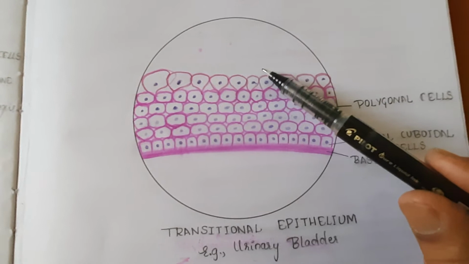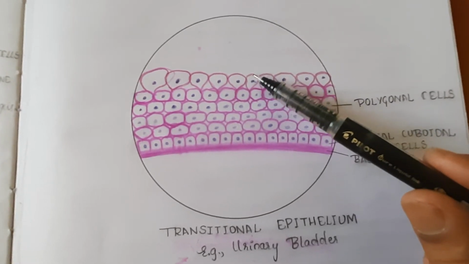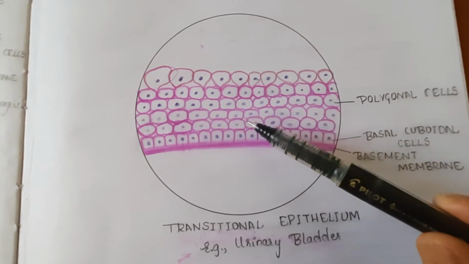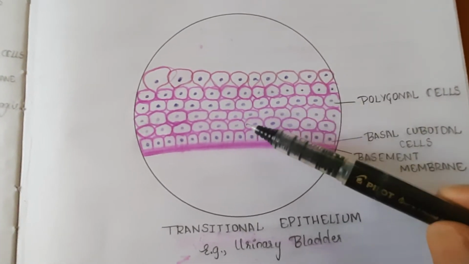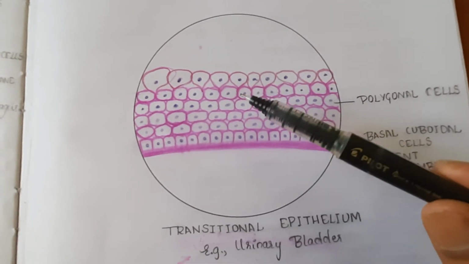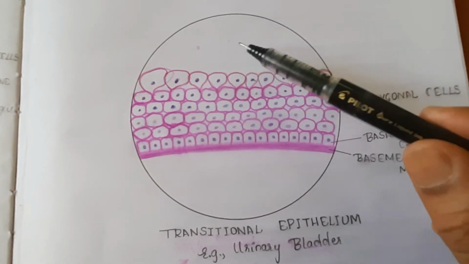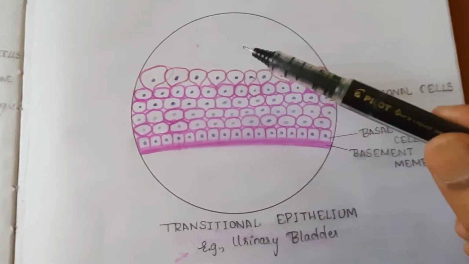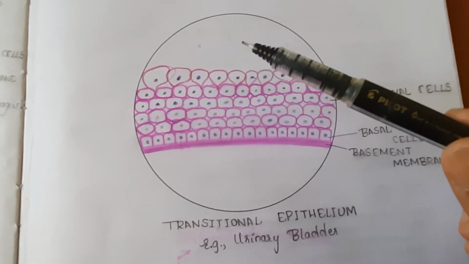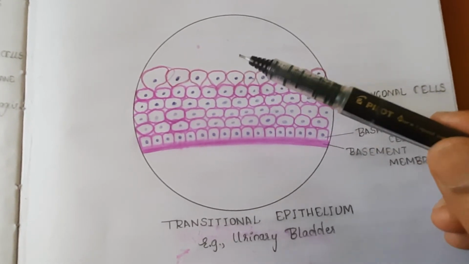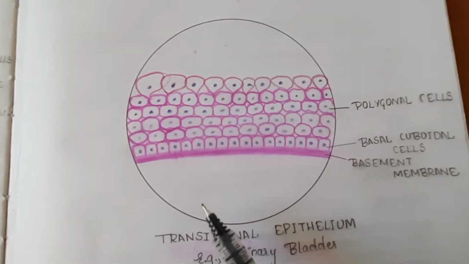The shape of this epithelium changes, and the umbrella shaped cells all become flat. When they become flat, the thickness decreases in the stretch condition. Then the cavity of the urinary bladder increases, resulting in increased capacity, and some more urine can be added. That is the transitional epithelium.